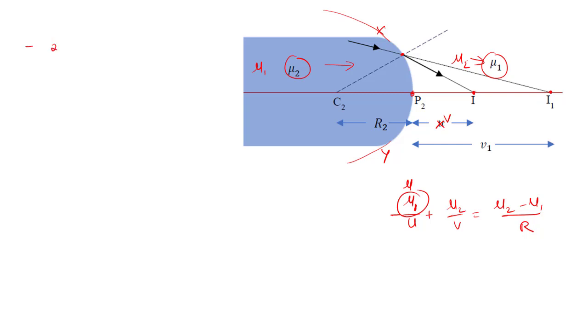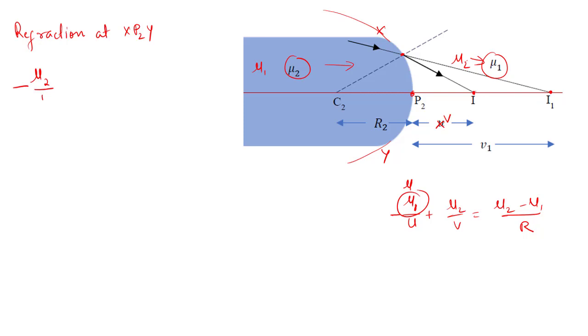Let me write refraction at the second surface here. Mu1 is mu2 minus mu2 by, what is u?